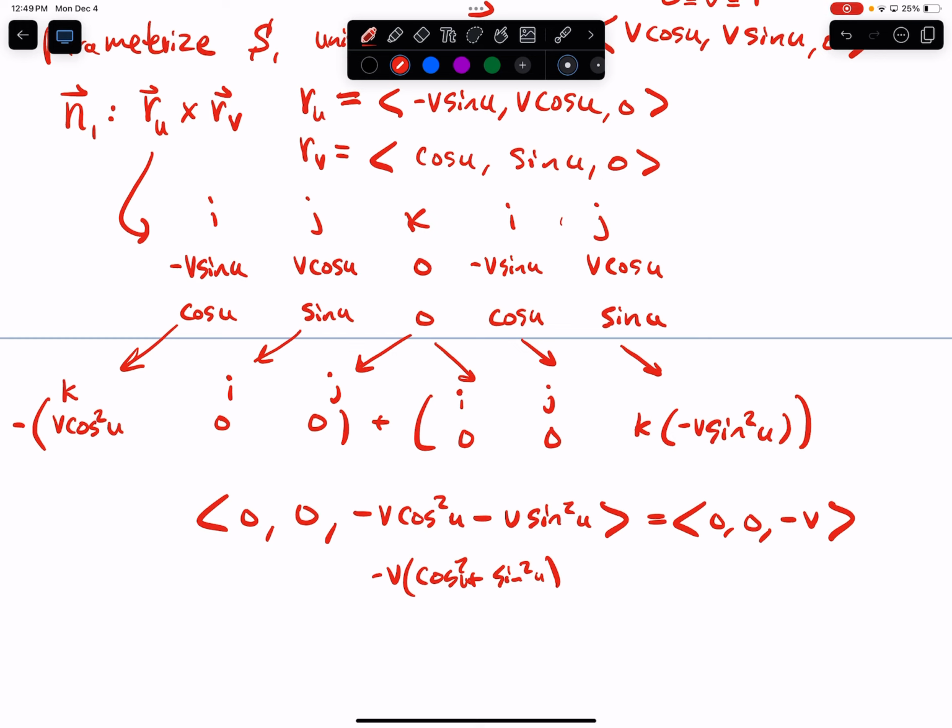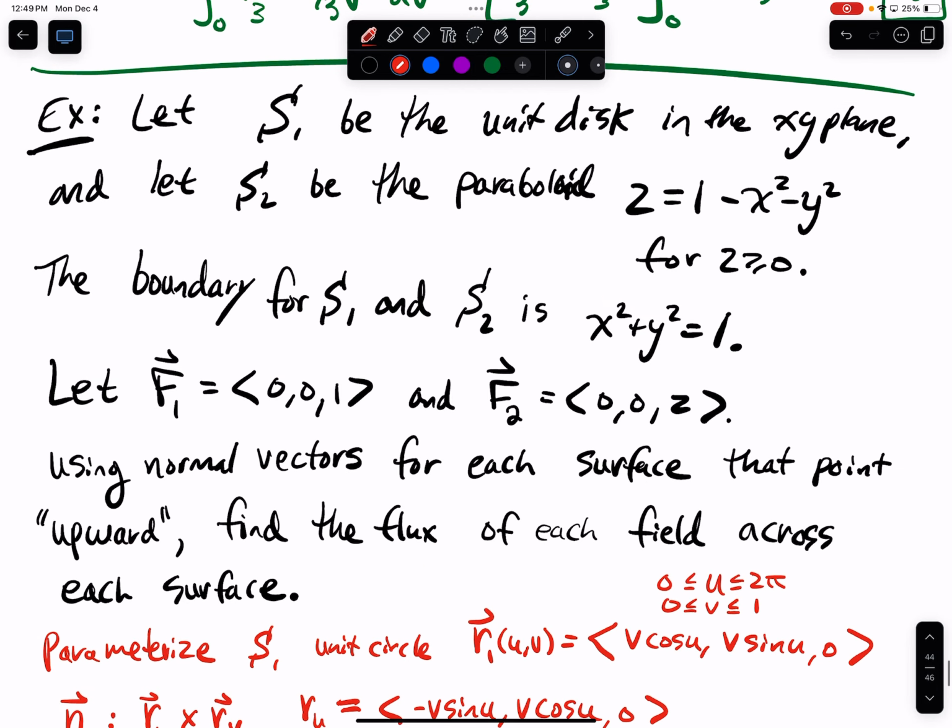Did I say that? Oh, golly. Using normal vectors for each surface that point upward. It's written in the problem. I was like, why the heck did I want it? All right, that makes sense. So in the problem, it says that they want it to point upwards.